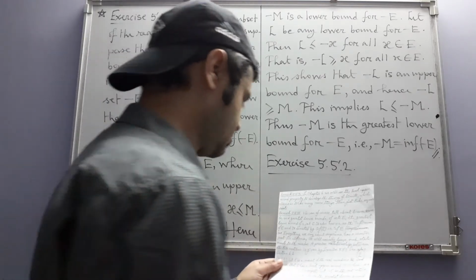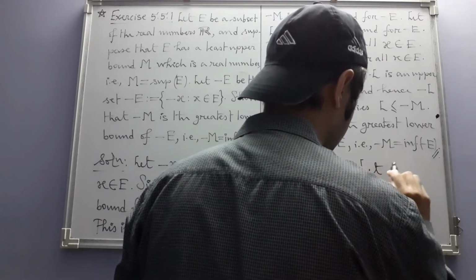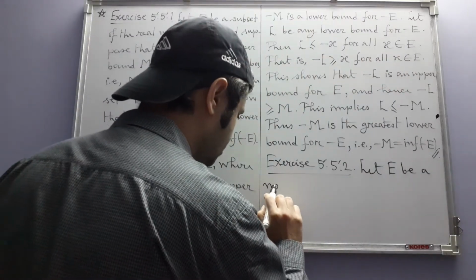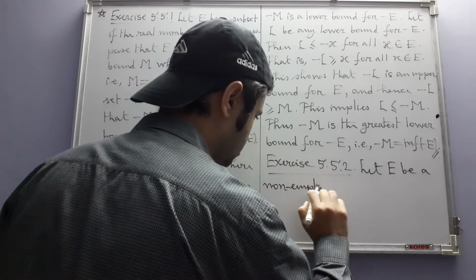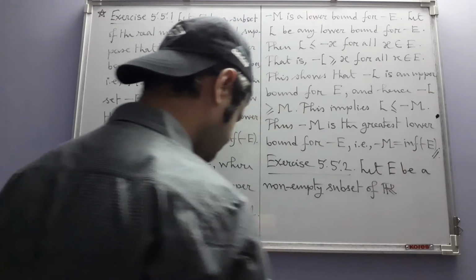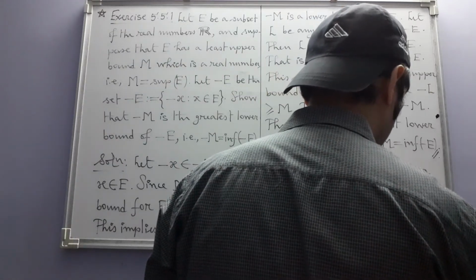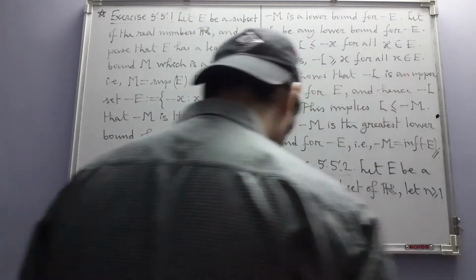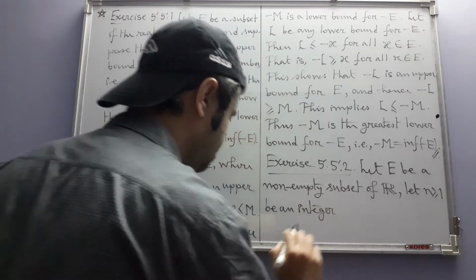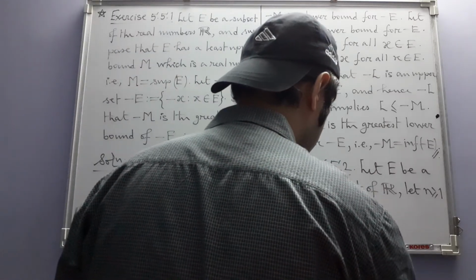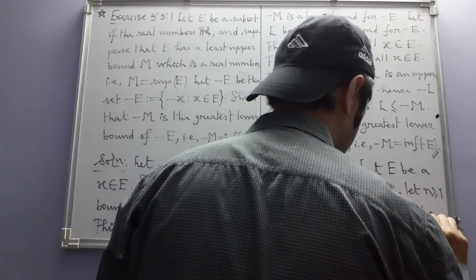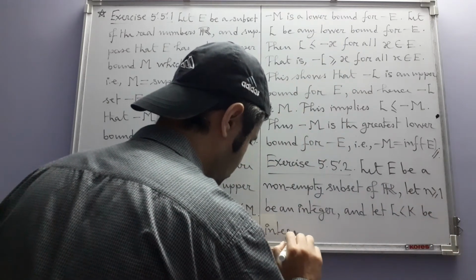Now this is one such exercise. Let E be a non-empty subset of R. Let n greater than or equal to 1 be an integer, so n is a positive integer, and let L less than k be integers.